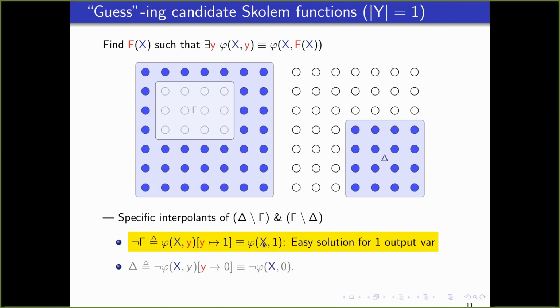You will get a function in terms of the inputs, and that function will serve as a correct Skolem function for that specific variable. So there is an easy solution for one output variable, and in fact, we will focus on this easy solution, but of course, whatever we say can be generalized to this other solution as well.